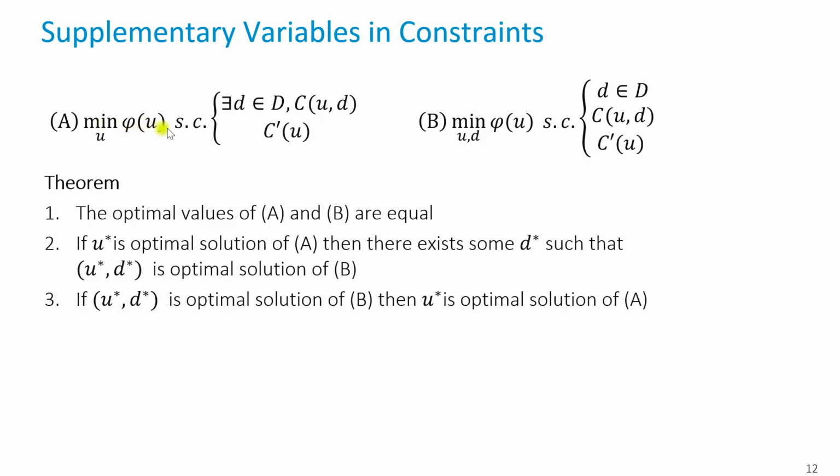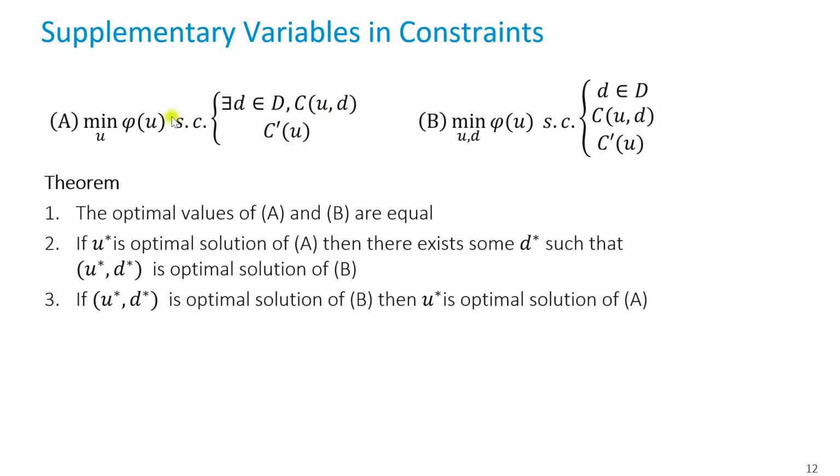So if I have minimize phi of u, so the objective function depends only on u, but the constraint depends on the existence of a dummy variable d, it's the same as putting d as an optimization variable and not changing anything. We keep the same constraints. D must be in this set of feasible values of d. The constraints c of u and d must hold here, and the other constraints that don't involve d must hold.